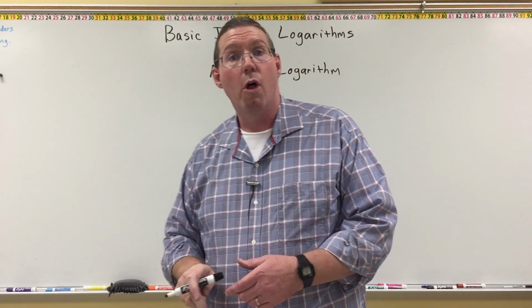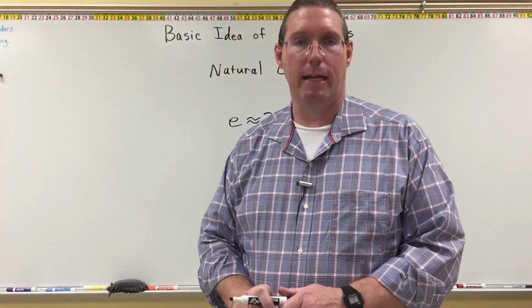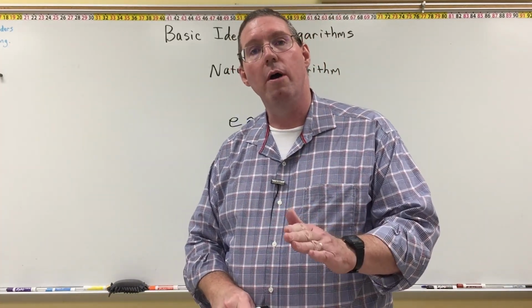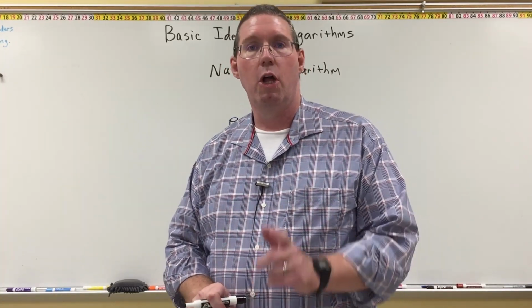Now you may say, well, wow, that's an interesting number. What does it mean? I'm not going to explain that to you right now, okay? Just know that it has something to do with continuous exponential growth.